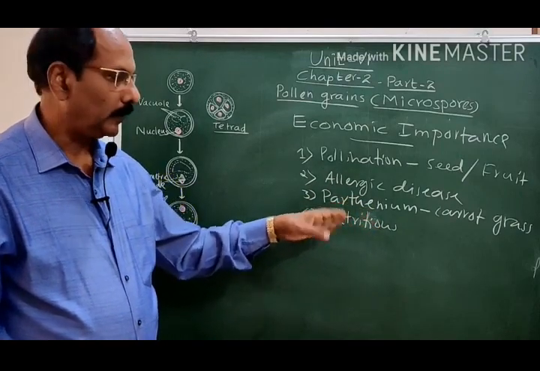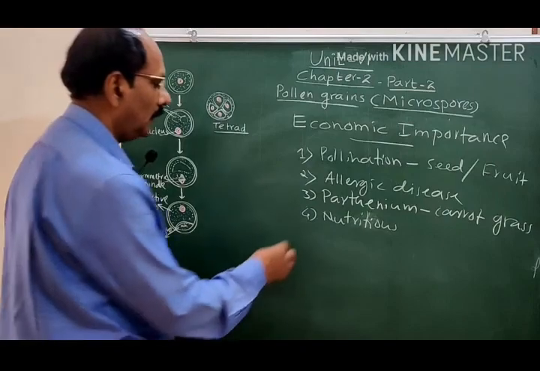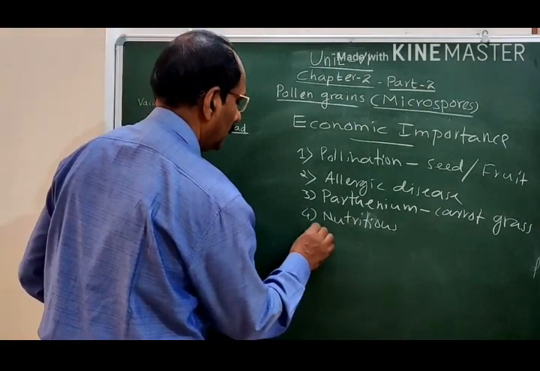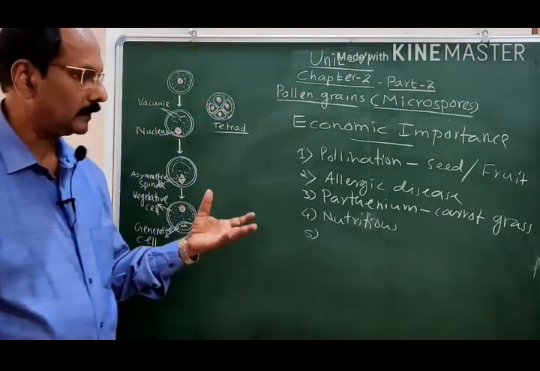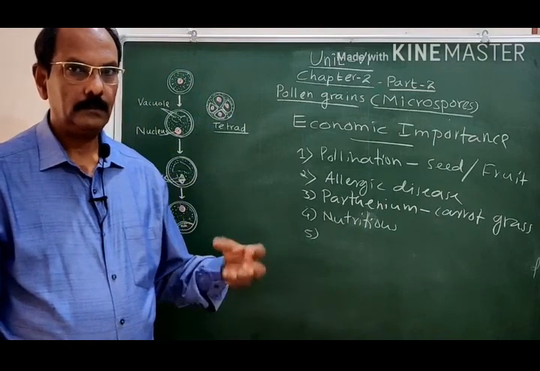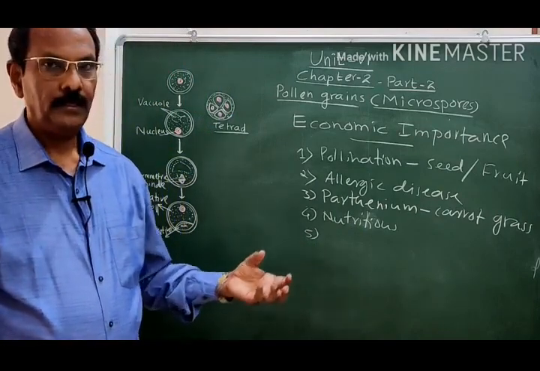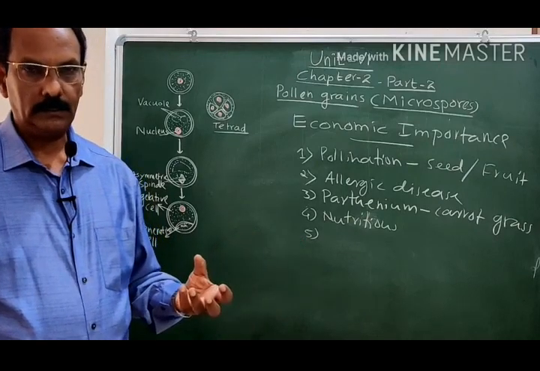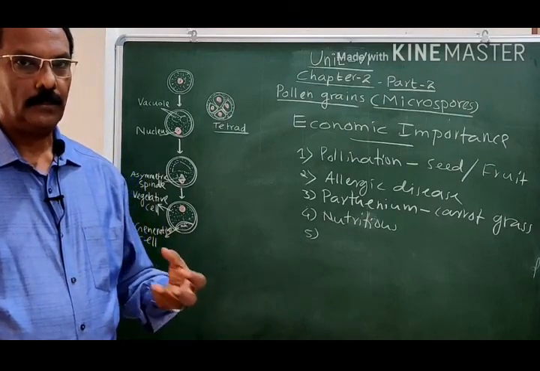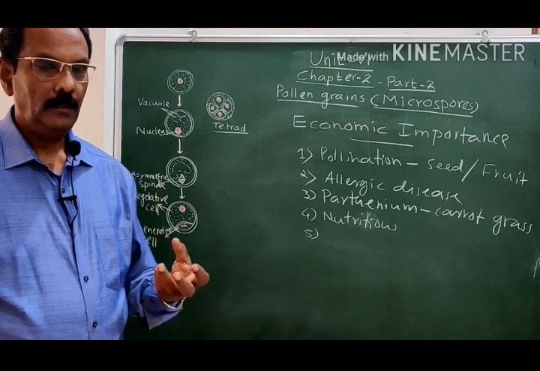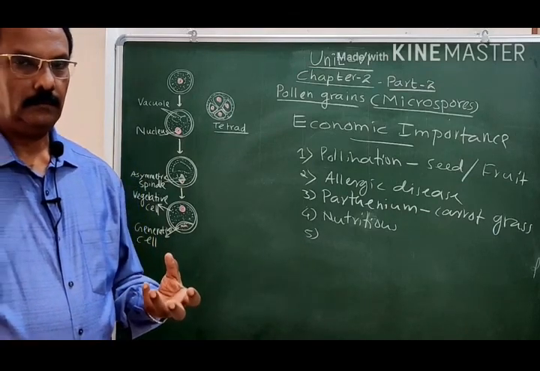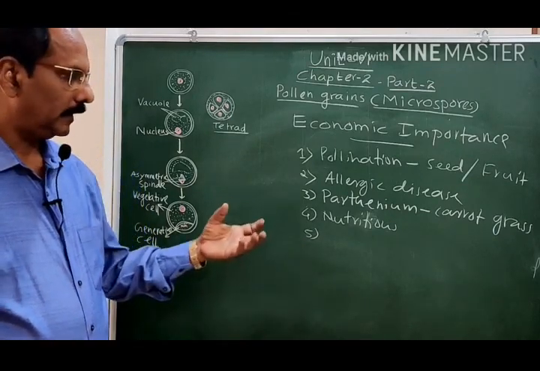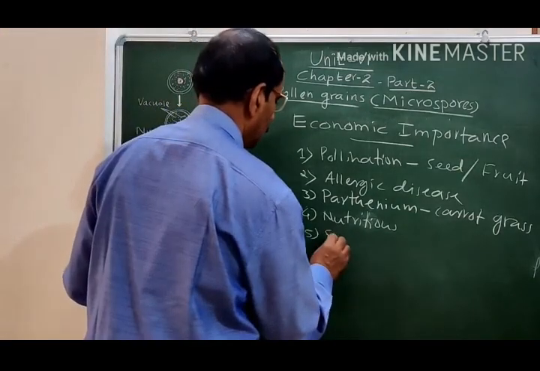Syrup and other products are also prepared from the pollen grains, and these are very healthy products. For athletes, and even for horses, they increase stamina and performance, for fast running, and this tablet and syrup is used for that.